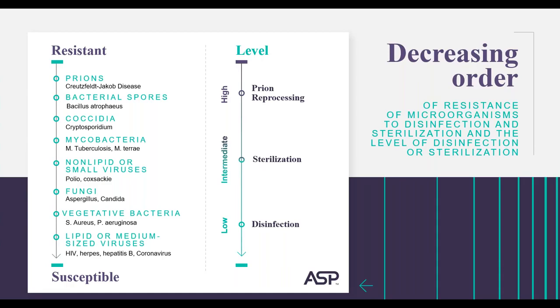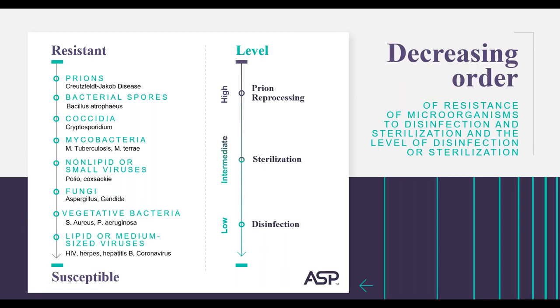You have fungi, non-lipid or small viruses such as polio, mycobacterium such as TB, cryptosporidium, and then you have your bacterial spores. The example given here is Bacillus atrophaeus, but you may be more familiar with one that you're using on a daily basis for your test packs, your process challenge devices, or your BIs that are used in steam sterilization or low temperature sterilization. So that's Geobacillus stearothermophilus.